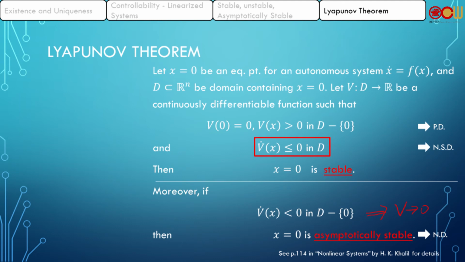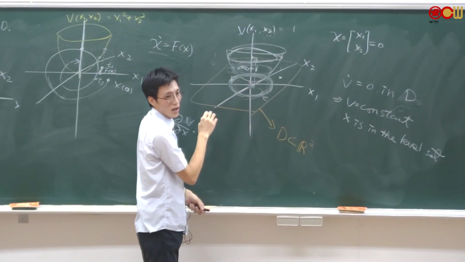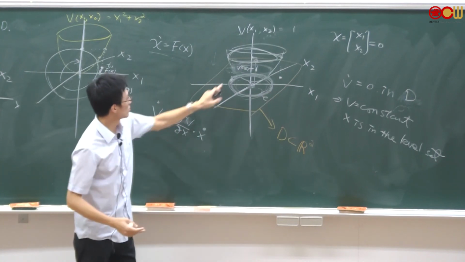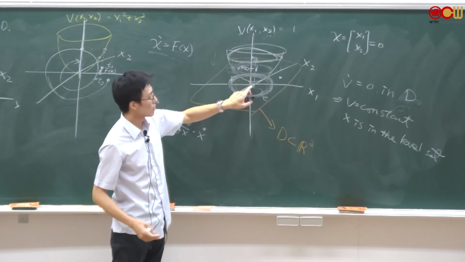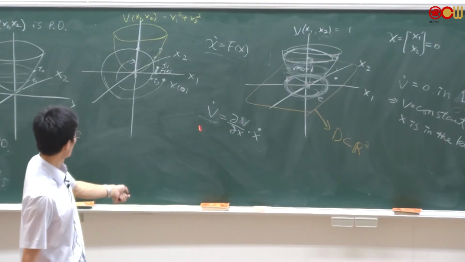That is stable. 懂吗？它没有走到 0 之前，也就是它在半途的时候，V dot 就可能等于 0 了。V dot equal to 0 means V becomes a constant. 懂吗？这时候它就是 stable，因为它不会去 origin，它也不会 go away，所以它就是stable.